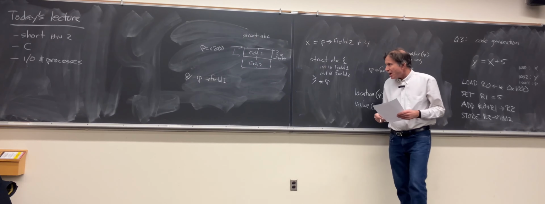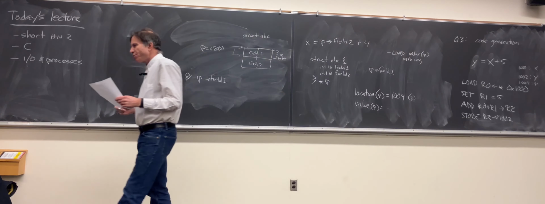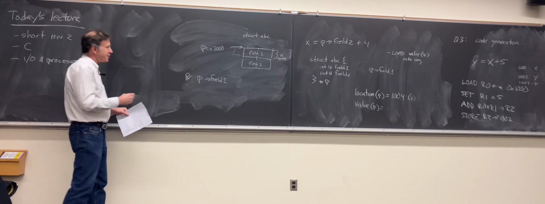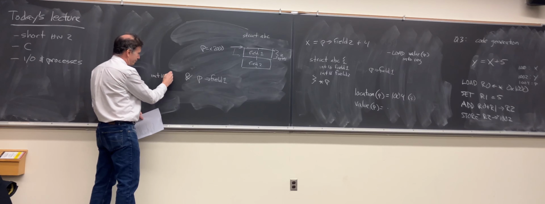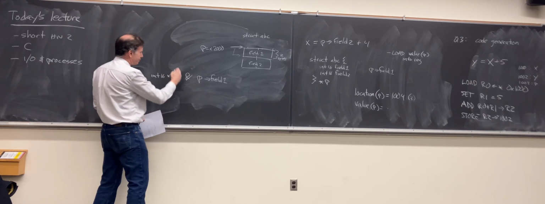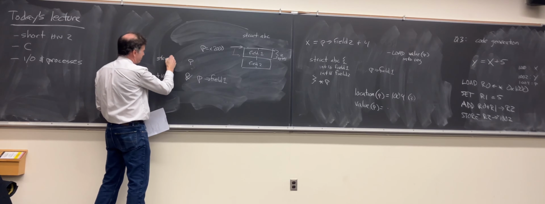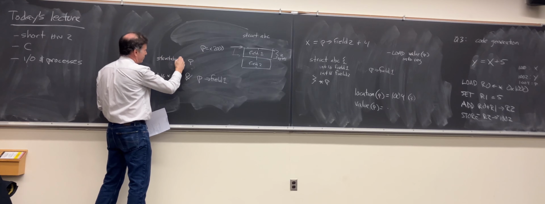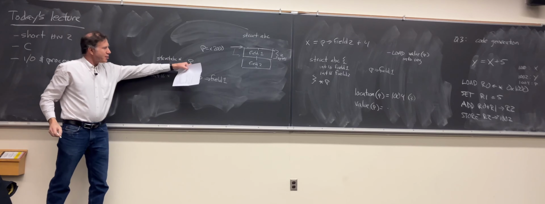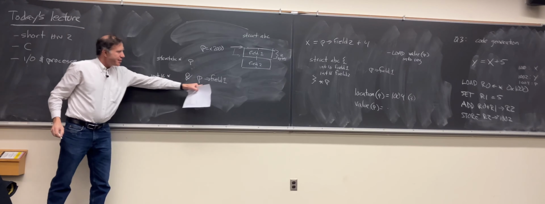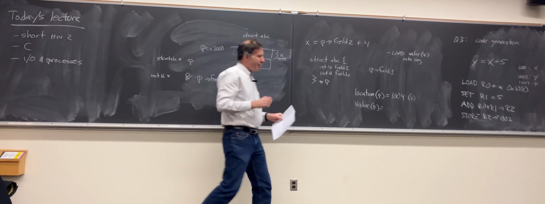So the compiler keeps track of all this fancy information, like that P is a pointer to a struct ABC, and this is a pointer to an integer, and you can't mix them.